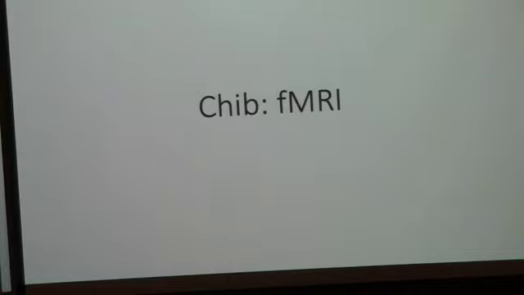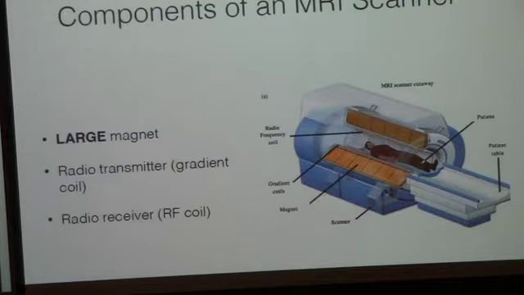And for the functional MRI, the basic thing to know is that there are three components of the MRI scanner. We have the big magnet outside, which will generate the static magnetic field, which we call the B0 field.